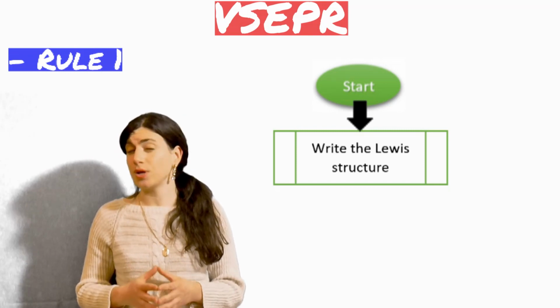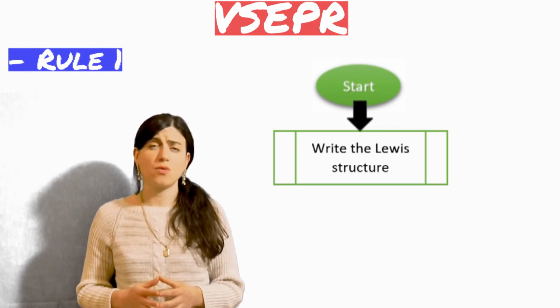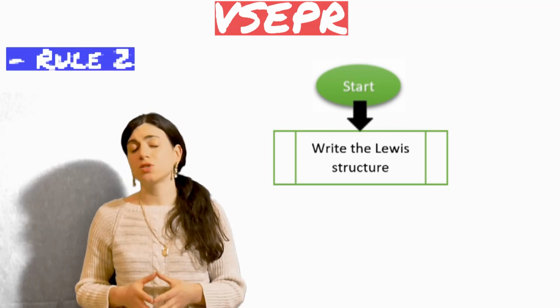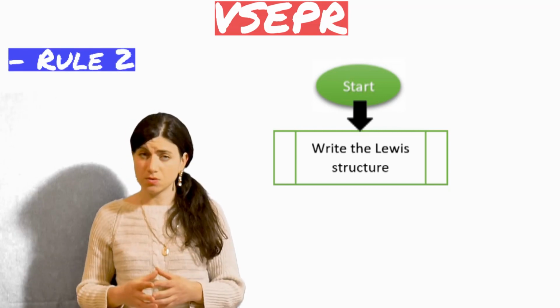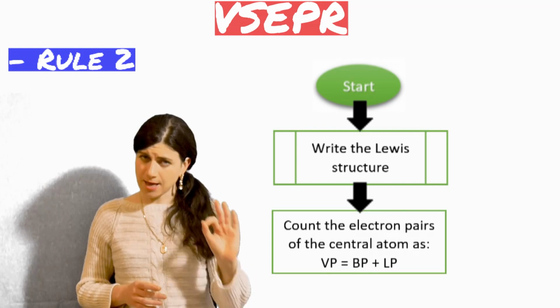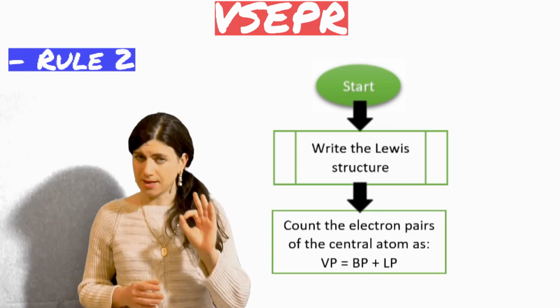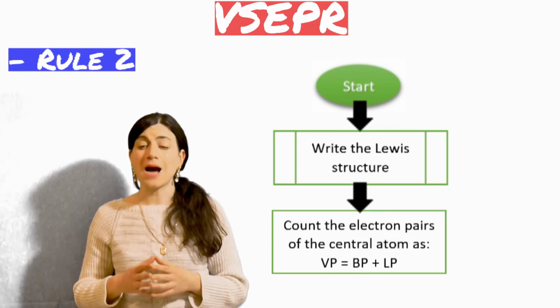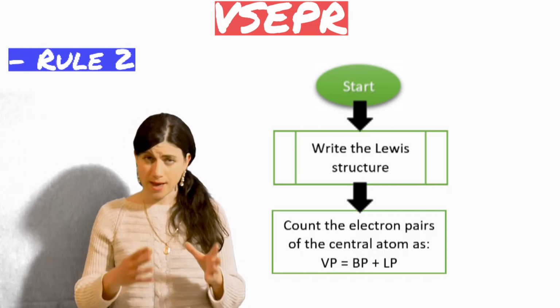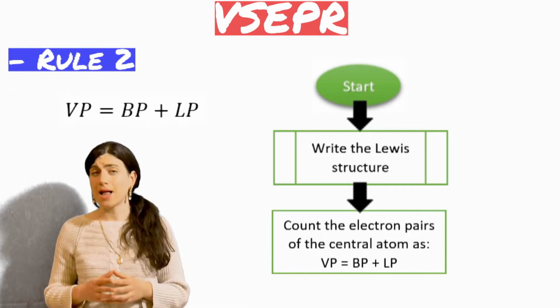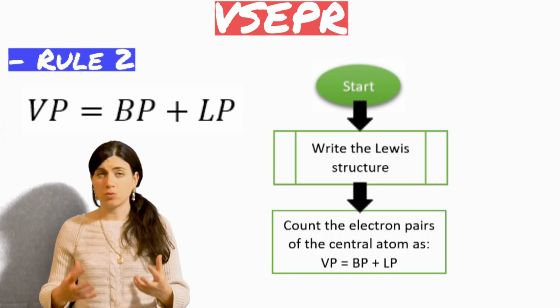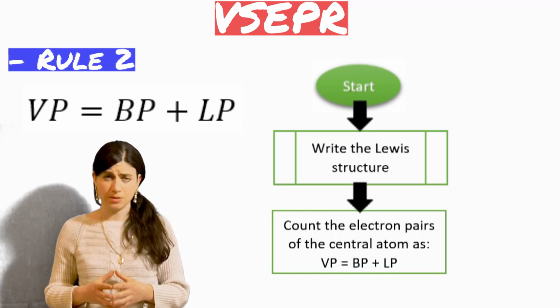Once we have written the Lewis structure of our molecule, we have to count the valence pairs of electrons of only the central atom, so just the central atom in our molecule. Count the valence pairs we have, and with the help of this equation you can also count how many lone pairs and how many bond pairs you have in the molecule.